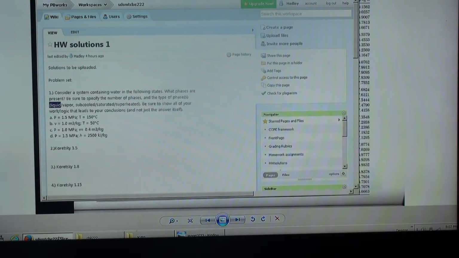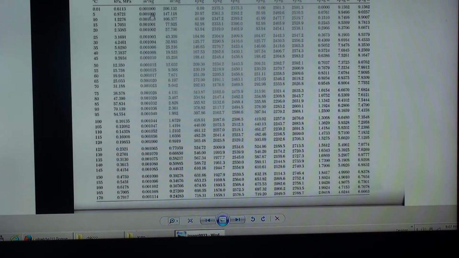Now, my other variable this time is volume. So now I'm looking at the volume. You can see in the steam tables I'm given two volumes. What were those two volumes associated with? That's right, the liquid and the vapor of a saturated system.